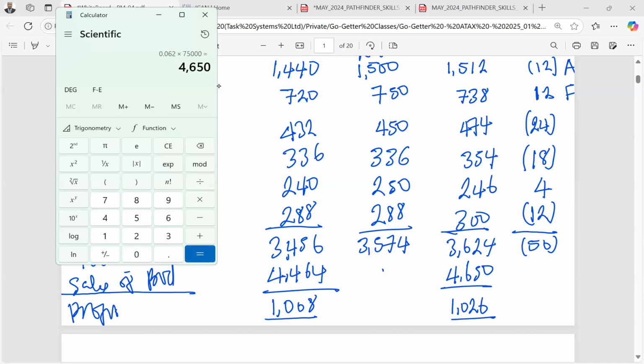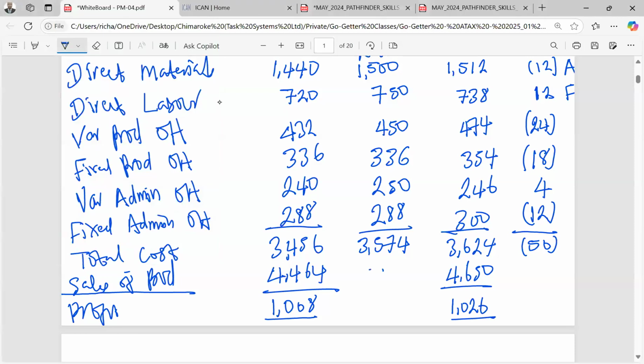Give you 4650. And you have 4650. So yeah, you see here, the same sales value, your variance is 0.